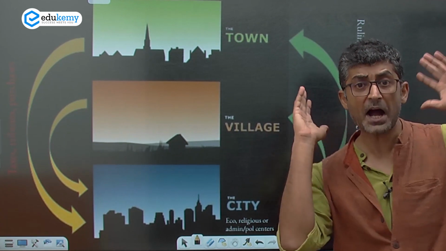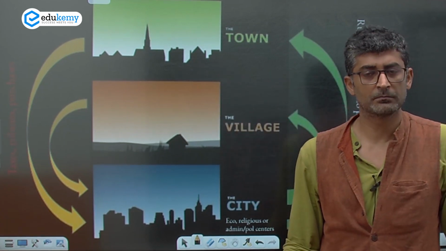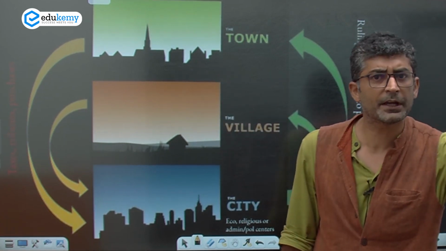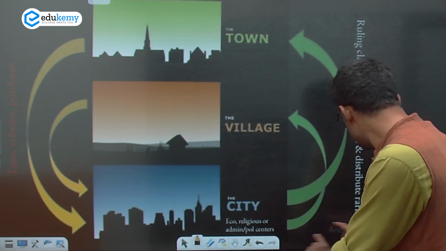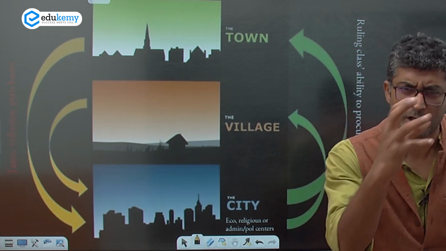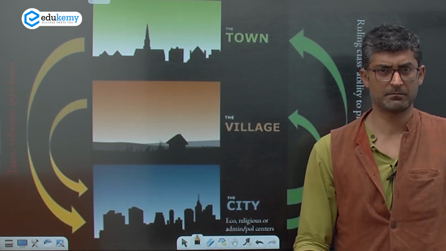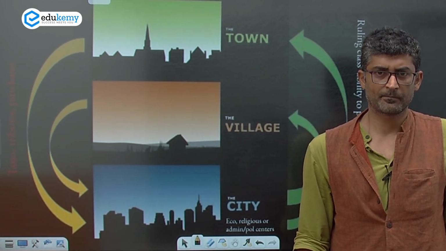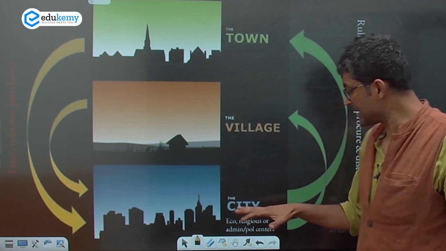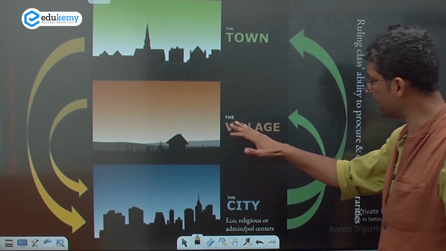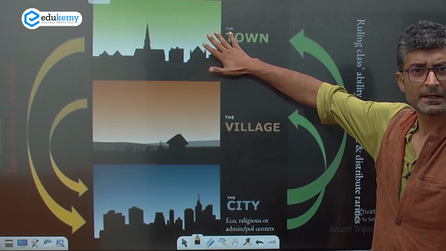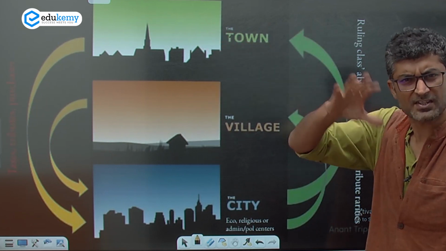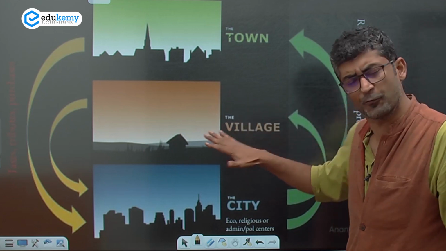Or maybe where the high priest lives, something like, let's say, in Mesopotamia or Egypt. Or it could be the administrative or political center, maybe the capital. So these will be the cities, and then there will be the towns, the smaller cities, and then finally the villages.